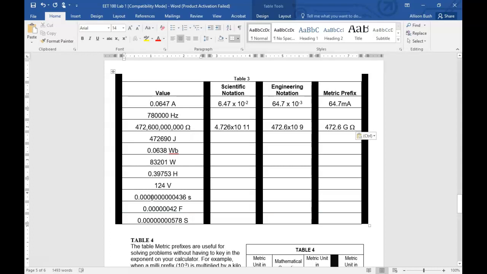So for this one, go ahead and put my commas in. Why? Because it visually breaks it up so that I can put it into notation much easier. So this particular one for scientific should be what?